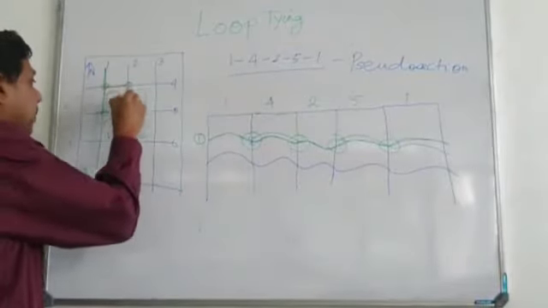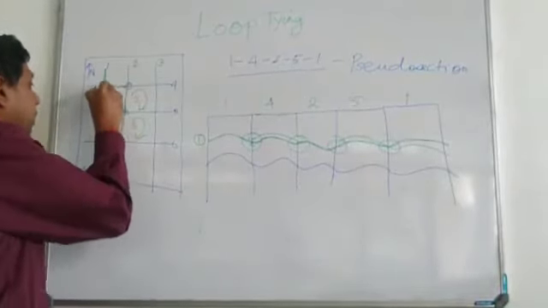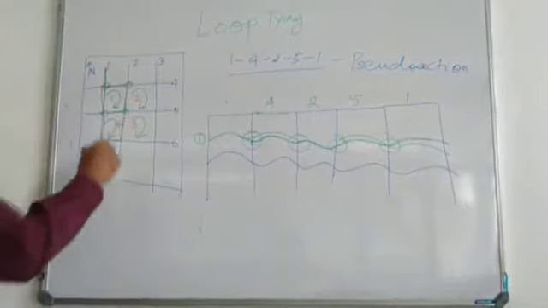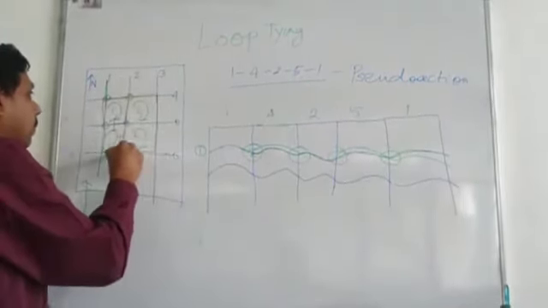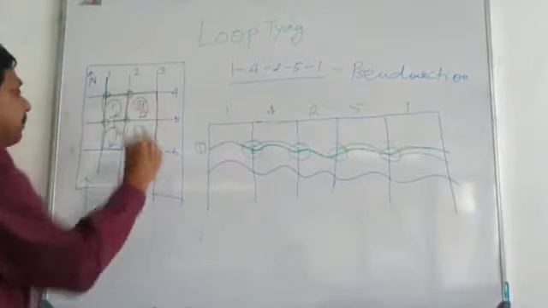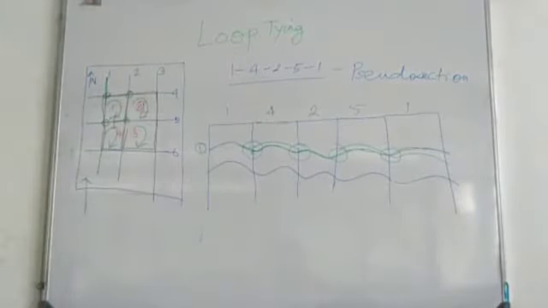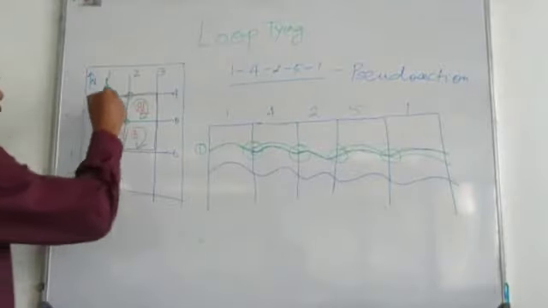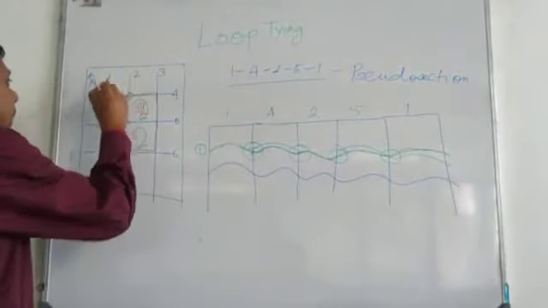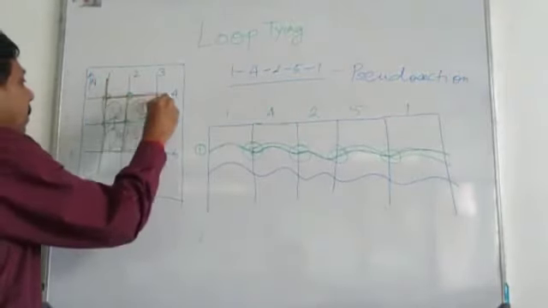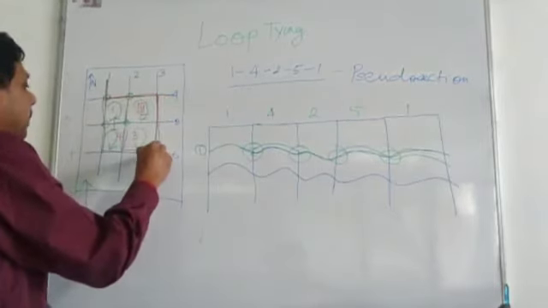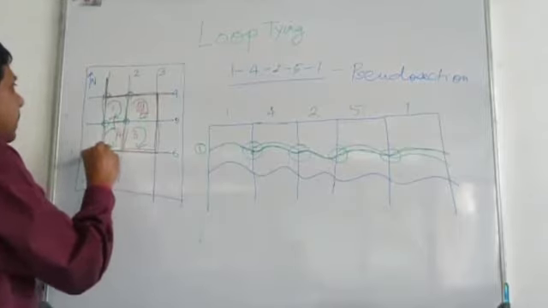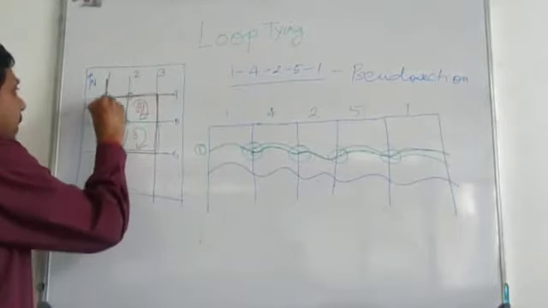So now the loop is this one, and I do the same test for the bigger loop. I have loop 1 and I have loop 2. Once I am happy with that also, I go to the biggest loop, where I go from line 1 to line 4, and from 4 I come back to line number 3, then to line number 6, and then once again back to line number 1.